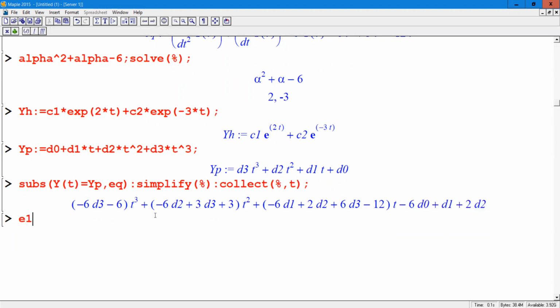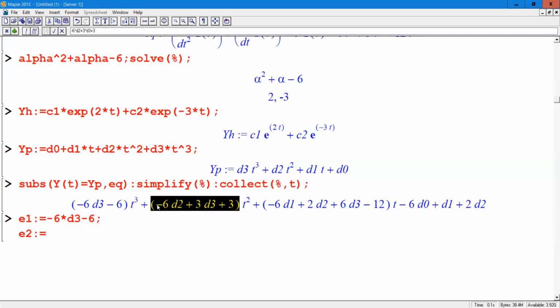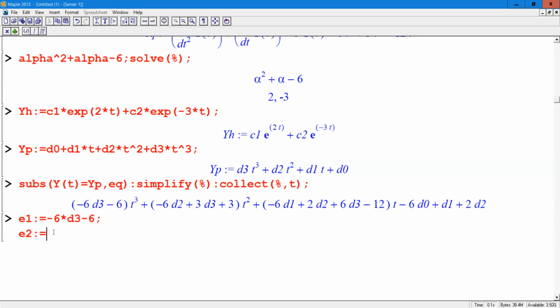I will call them the first equation, which is this term. The second equation, which is the coefficient of t squared. The third equation is the coefficient of t.